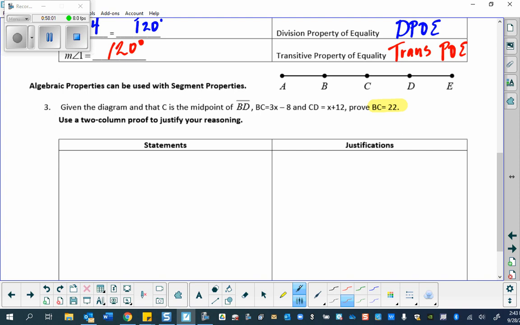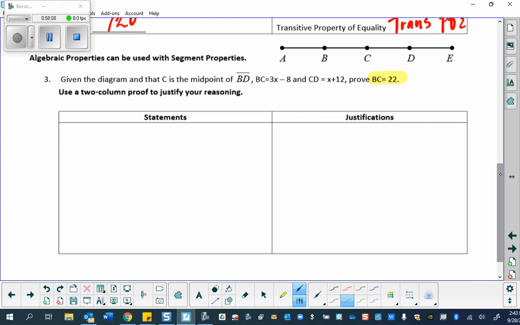All right, given the diagram, C is the midpoint of BD, BC is 3x minus 8, CD is x plus 12. This is what we need to prove. So our first step is always to write what we know is true.